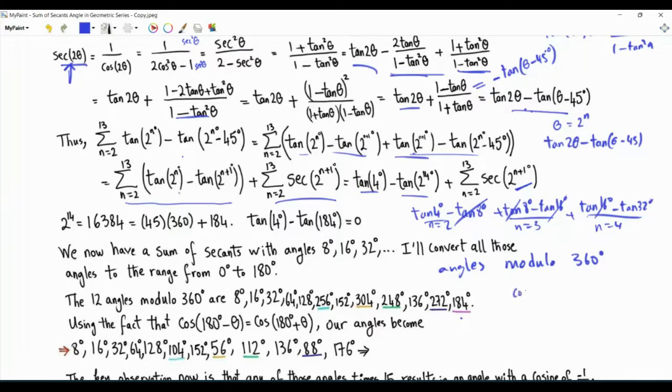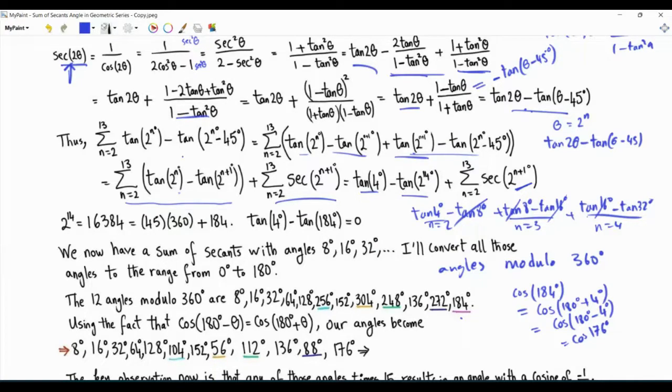So cosine 184 degrees is equal to cosine of 180 degrees plus 4 degrees. According to this identity, this is exactly equal to cosine of 180 degrees minus 4 degrees. So this is cosine 176 degrees. So I can replace this 184 degrees by 176 degrees, and so on and so forth.